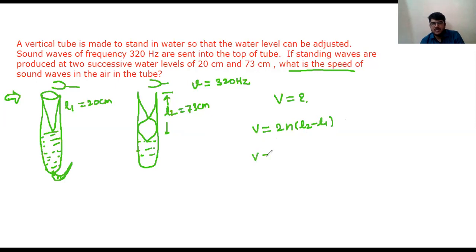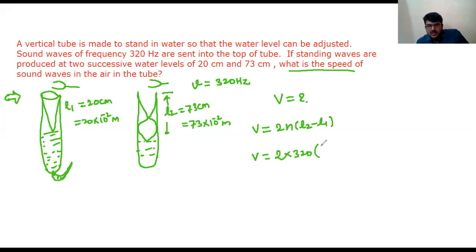So this is V is equal to 2n. At the place of n, you substitute the value, into 320. L2 value, you have to convert this into meter. So 73 into 10 to the power minus 2 meter. This also, 20 into 10 to the power minus 2 meter. Let's substitute here.